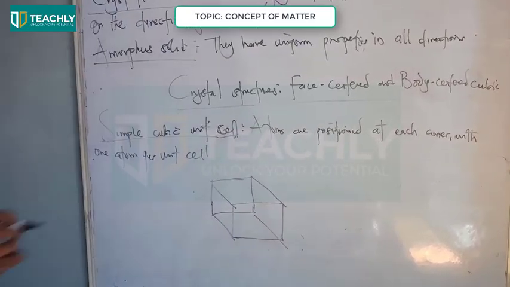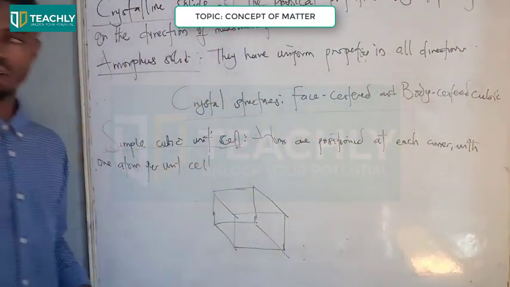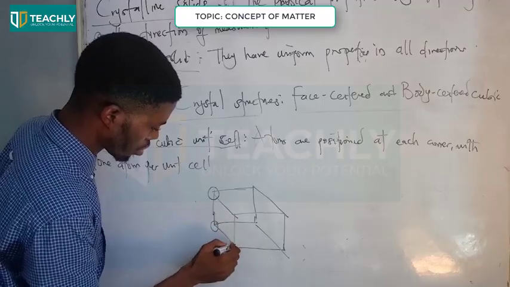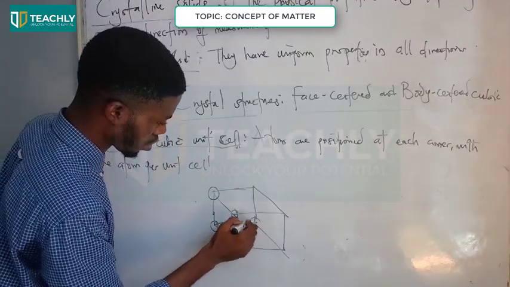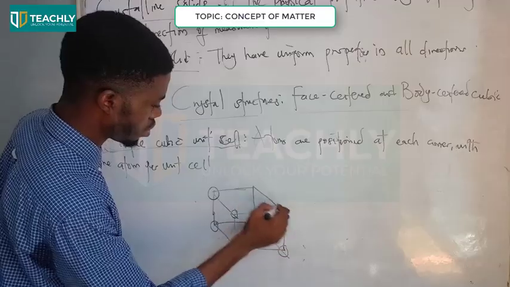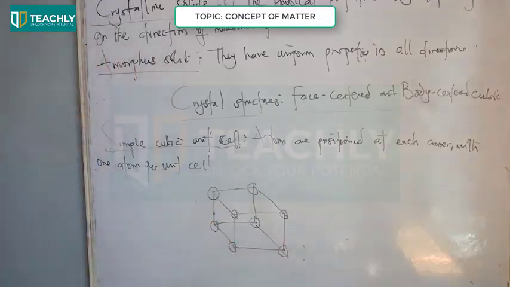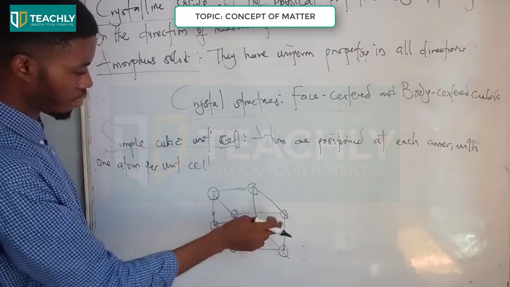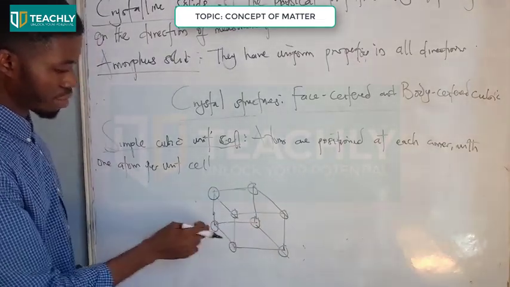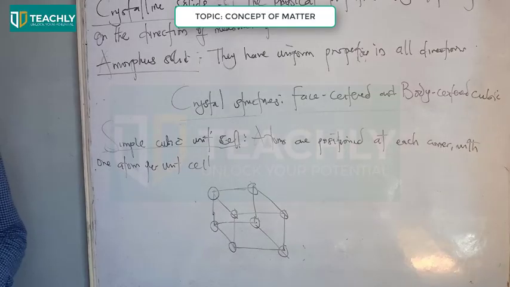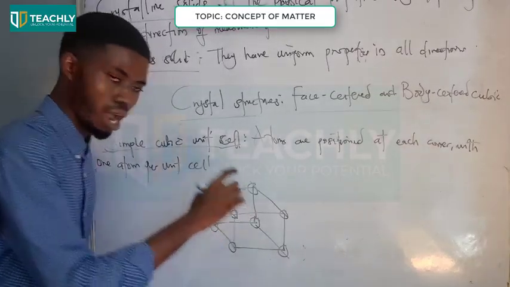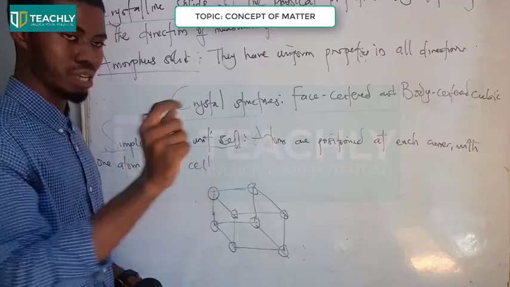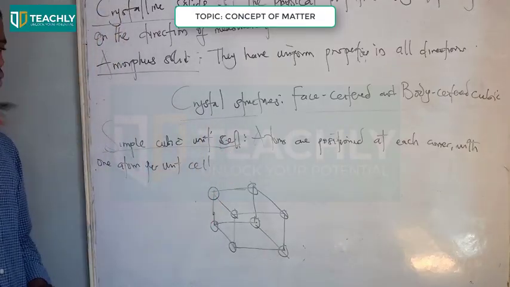Atoms are positioned at each corner. If you count it, how many is this going to give us? 1, 2, 3, 4, 5, 6, 7, 8. We have 8 of them. However, these 8 are being shared. Since they are being shared, one of these is equal to 1 over 8.